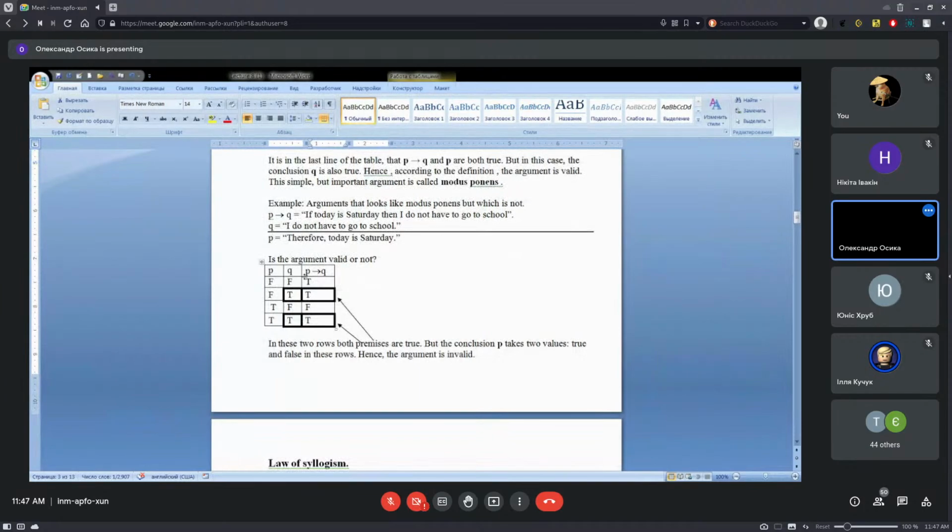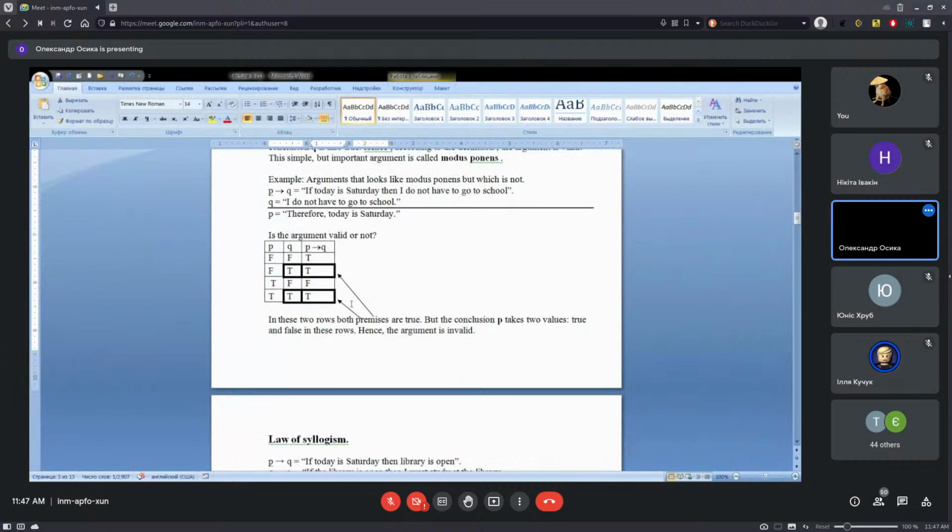P, Q, P implies Q. So these are interpretations of these formulas, of the premises. Here, in this interpretation and in this interpretation, both premises are true.